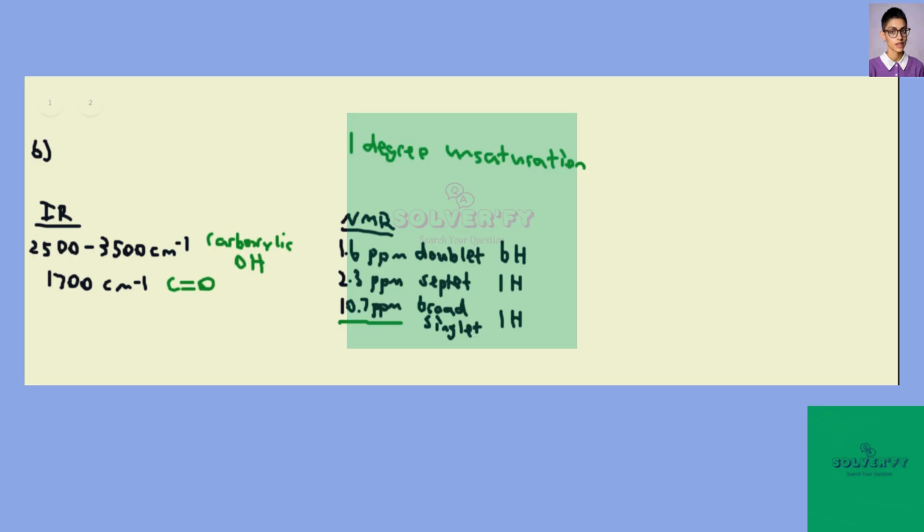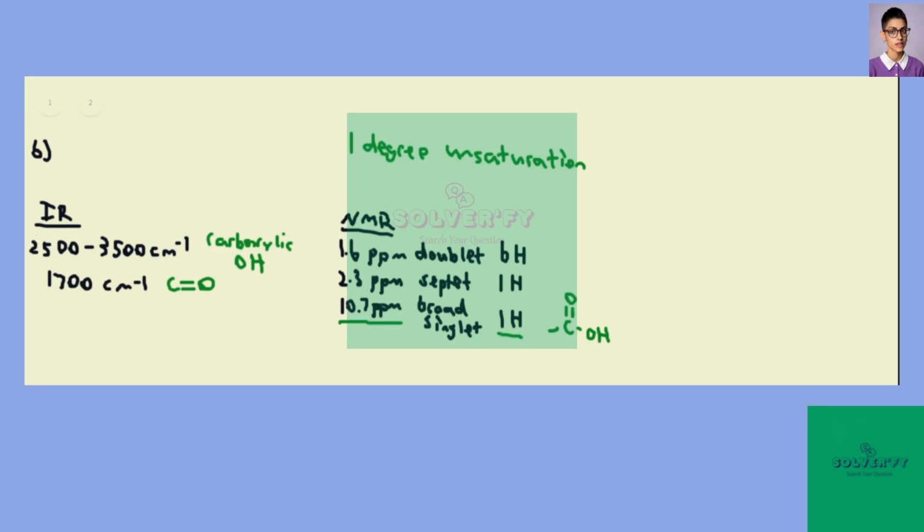Broad singlet, also characteristic of a carboxylic acid OH, and it integrates to 1. So this tells us that we do have a carboxylic acid in this molecule. That takes care of our 2 oxygens and our 1 degree of unsaturation.